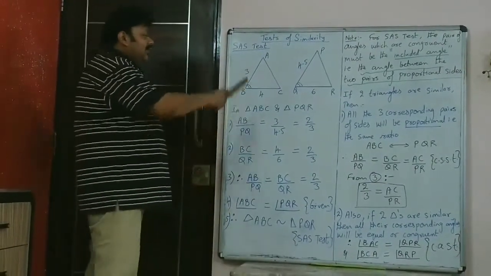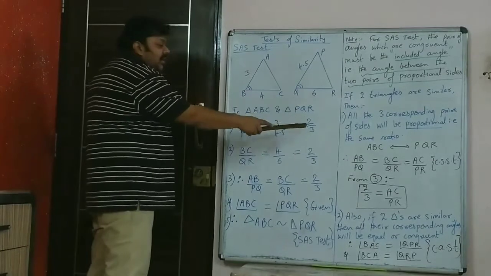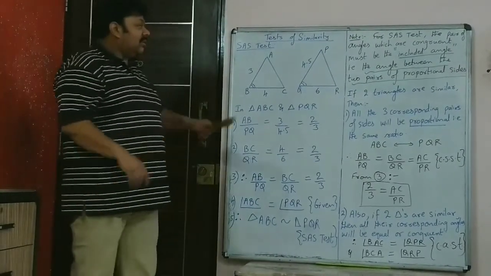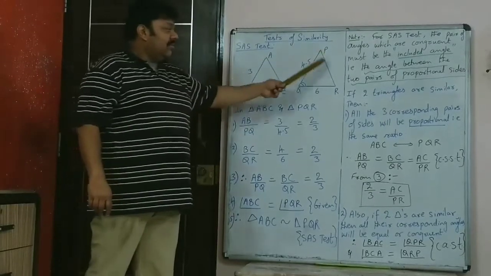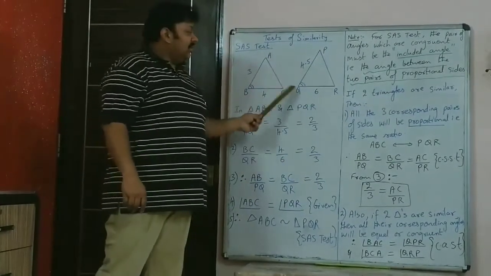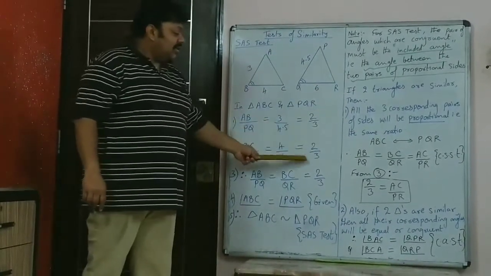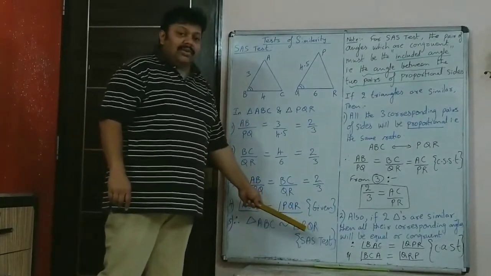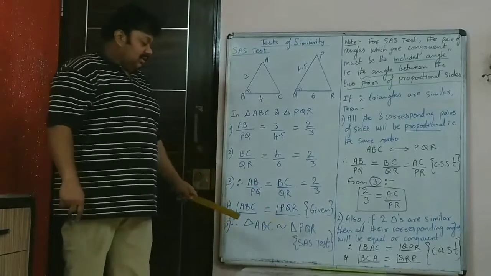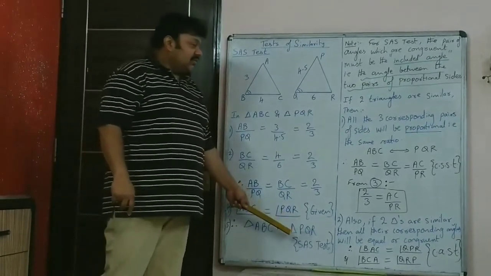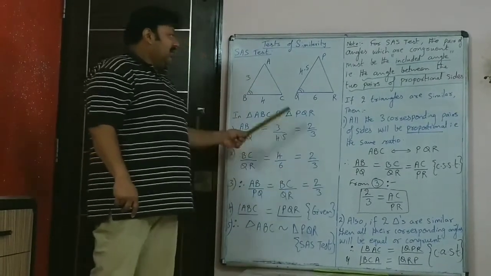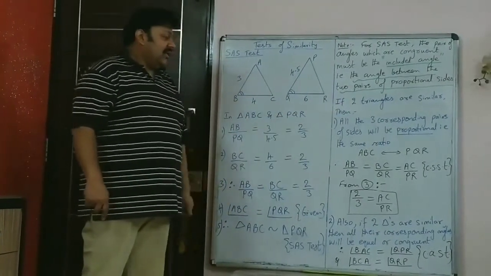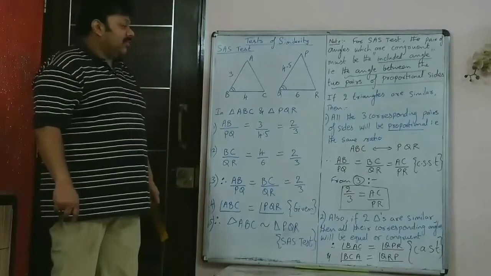Here you are only given that two pairs of sides are proportional, in the ratio 2:3. But what about the third pair of sides? AC upon PR will also give you the same ratio. Why? Because you have already proven that those two triangles are similar. So since those two triangles are similar, all three pairs of sides will be in the same ratio, that is, they would be proportional.